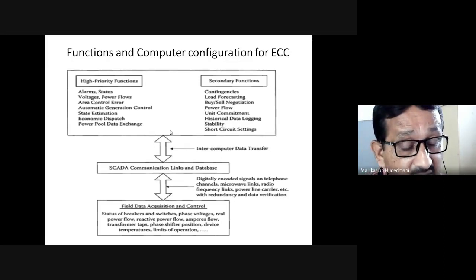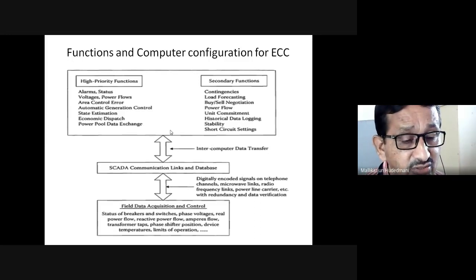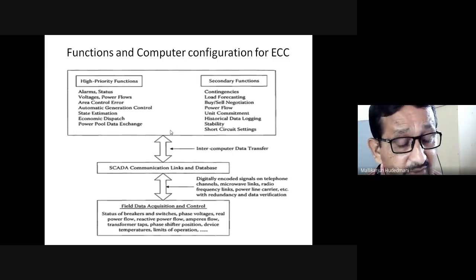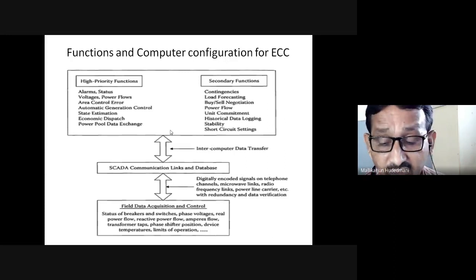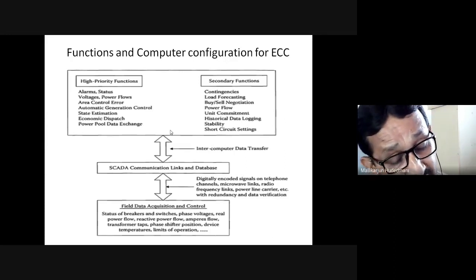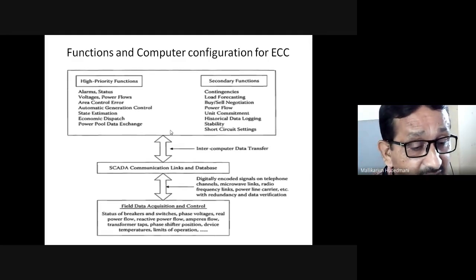Power pool data exchange. This comes into the picture when I have a generating setup. My generation, which I have established right now, may be suitable for the current plant demand. As the plant demand increases due to load growth, due to industries coming up and civilization going on, any neighbor corporation is demanding more and more power from my plant, definitely power pool data exchange.